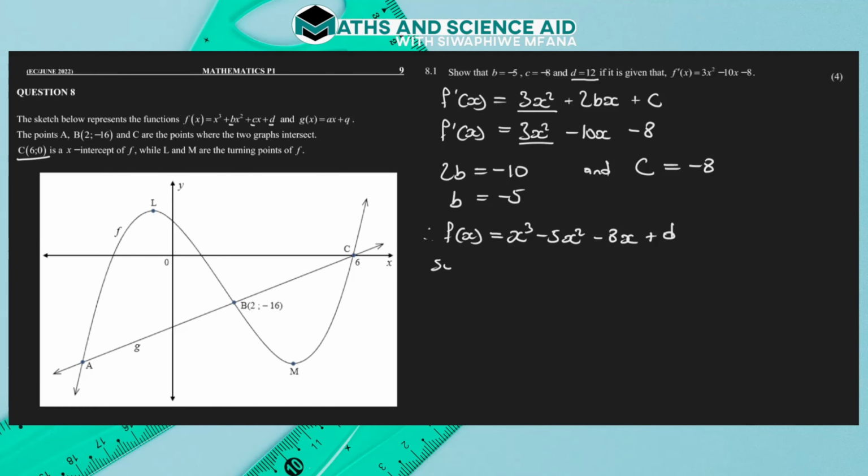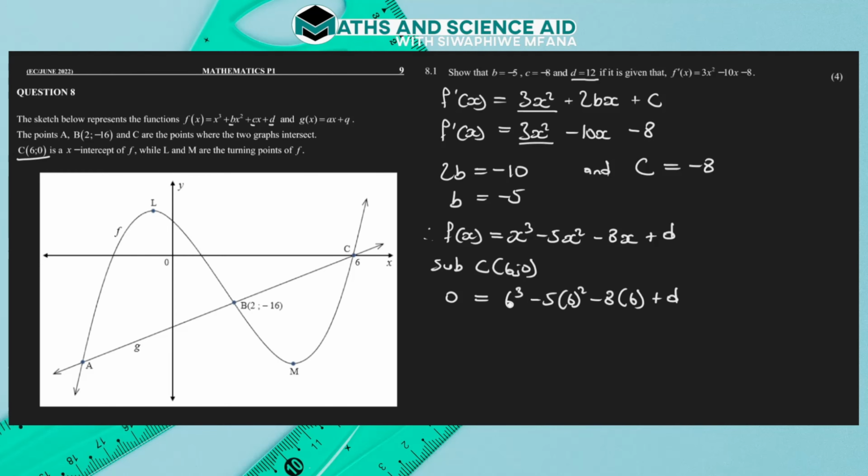So if we substitute in point C with coordinates 6 and 0, here we will have 0 equals 6 cubed minus 5 into 6 squared minus 8 into 6 plus d.